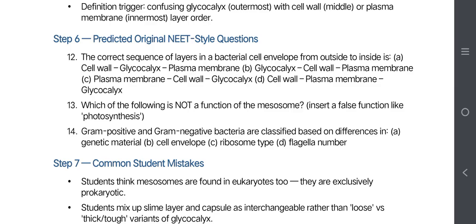Option A, cell wall, glycocalyx, plasma membrane. Option B, glycocalyx, cell wall, plasma membrane. Option C, plasma membrane, cell wall, glycocalyx. Option B is correct, because from outer to inner it is glycocalyx, cell wall, and plasma membrane.